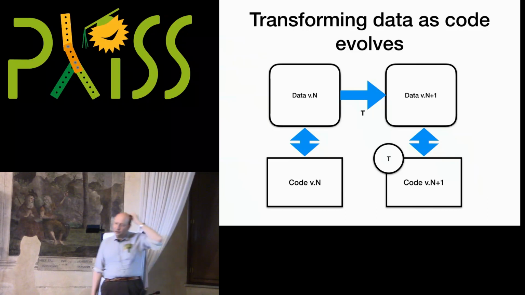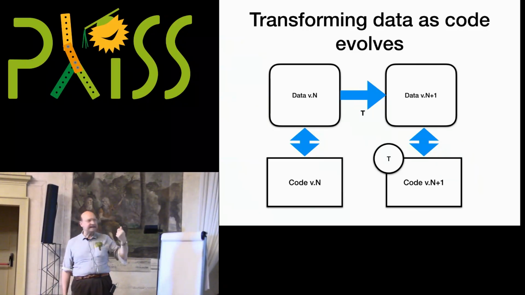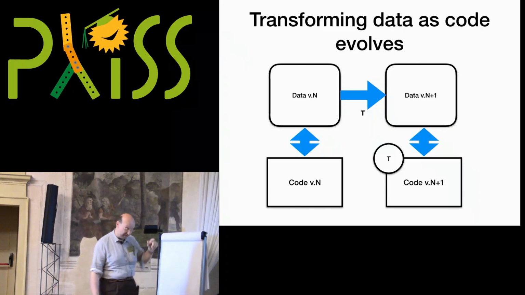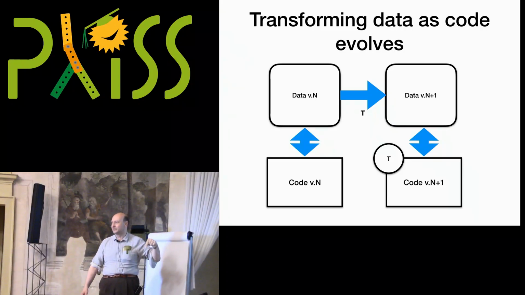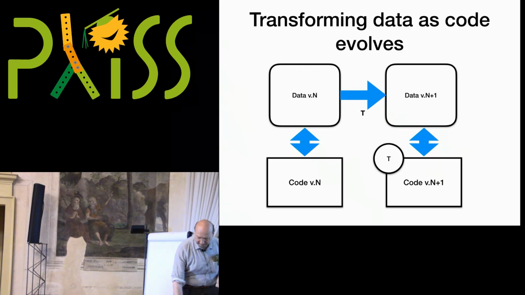That transformation could be eager, where we do it all at once, or it could be lazy, where we do it as we use old pieces. Lazy has the advantage that it doesn't induce a long pause in a big data set, and remember the whole point of this was to have short pauses for restarts, not long pauses.